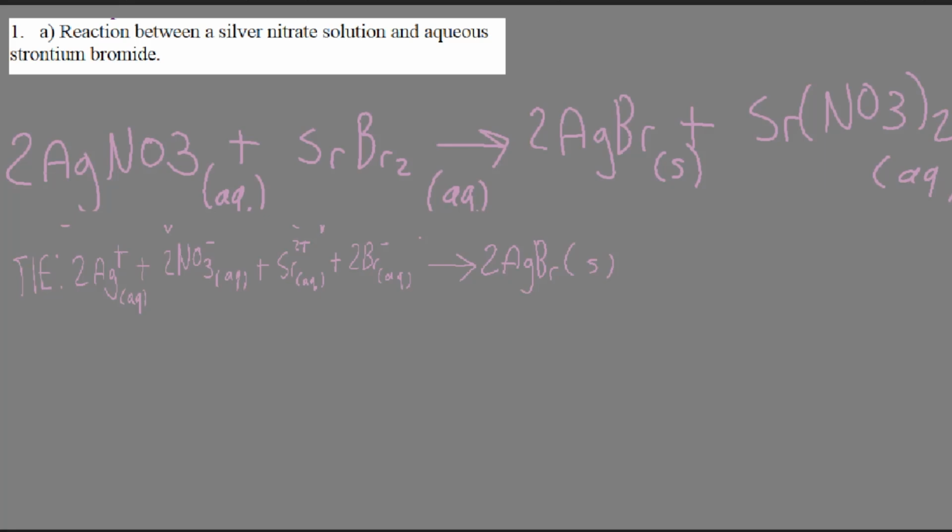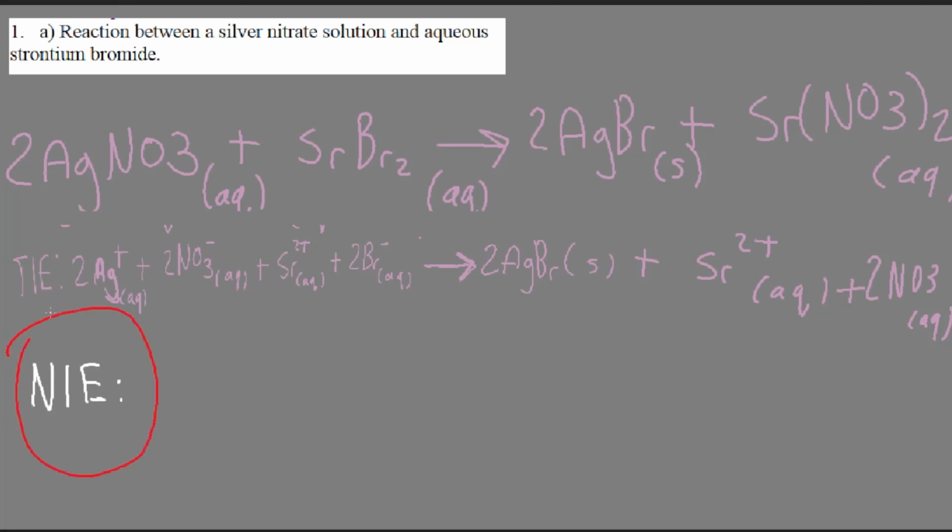And then this is gonna break apart because it's aqueous. So plus Sr 2 plus aqueous plus 2NO3 minus aqueous. This is our total ionic equation.